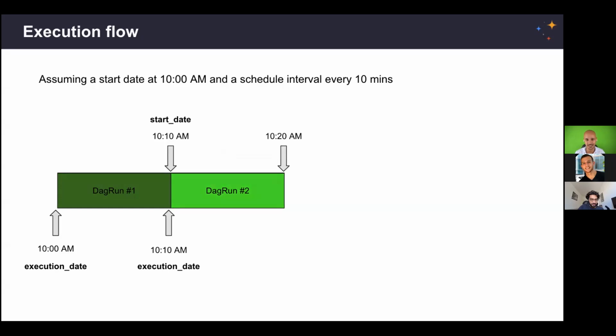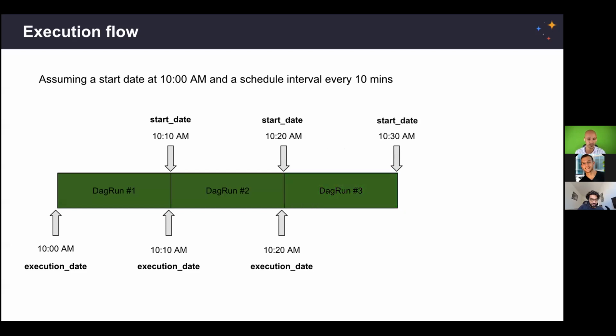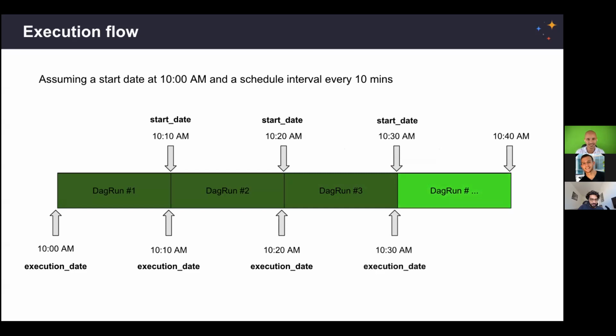Same thing for the third DAG run. Again, at 10:20, Airflow will wait 10 minutes, and then at 10:30 a.m., your third DAG run gets triggered, and the execution date for that DAG run is equal to 10:20 a.m. Now, this is confusing. I mean, let's face it, the execution date is not really meaningful, right?